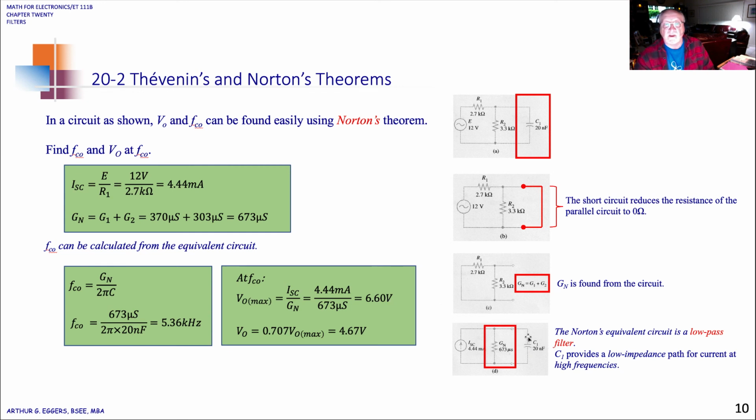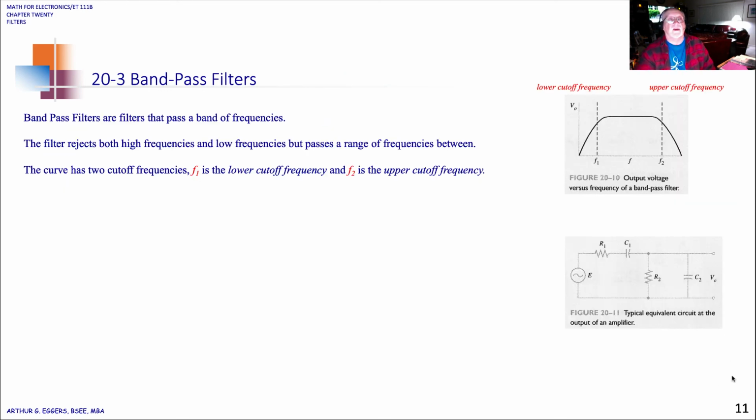You can see here we're calculating from this fourth iteration of the circuit, where we have 4.44 milliamps, and we have a conductance G sub n and our capacitor C1 at 20 nanofarads. So our output, 0.707 times V max, gives us 4.67 as our value.